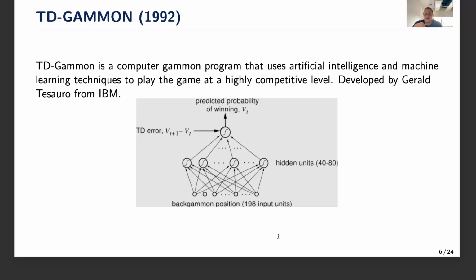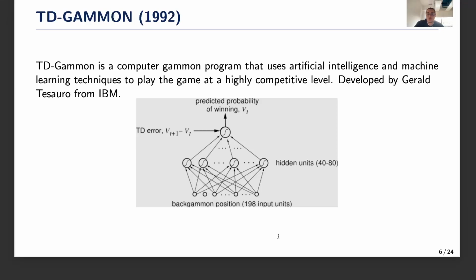It's a computer program designed to play the game of backgammon, and it became famous because it was one of the first systems to combine reinforcement learning with neural networks. And it works surprisingly well.